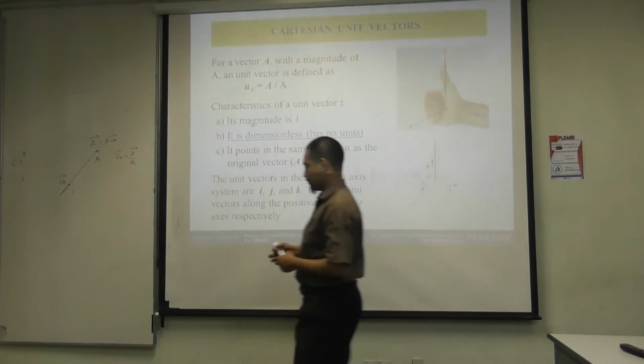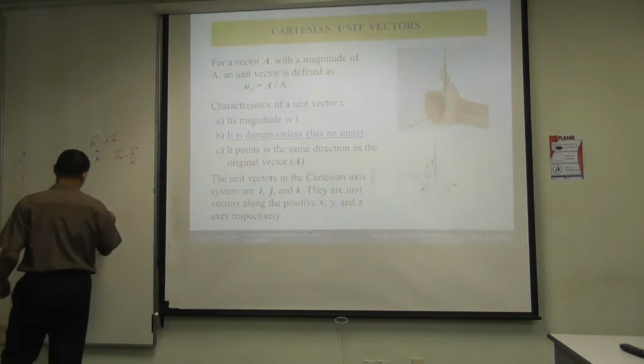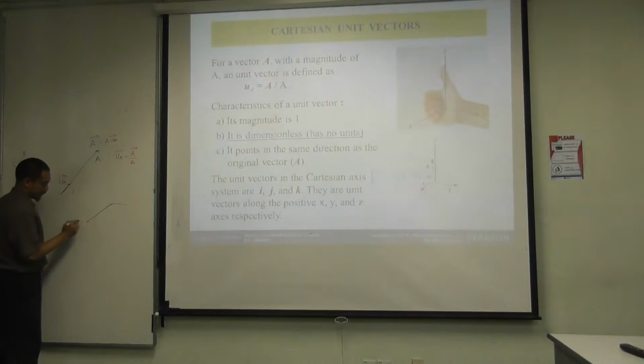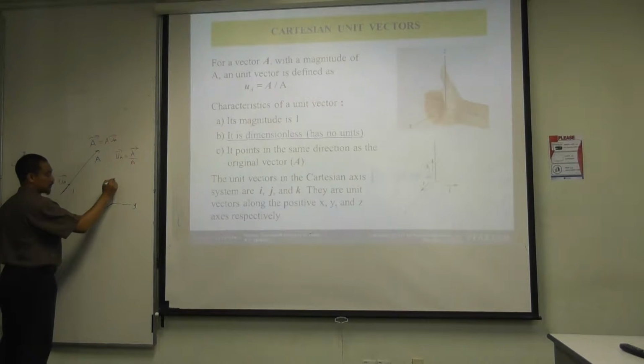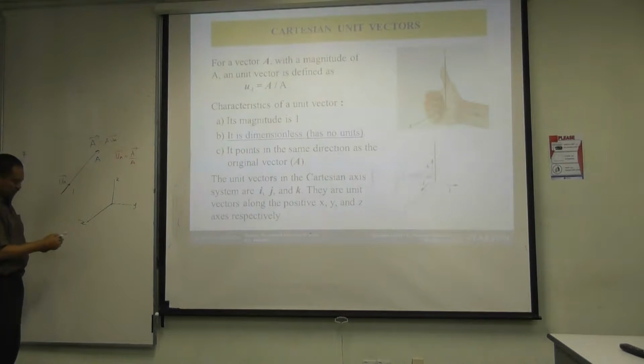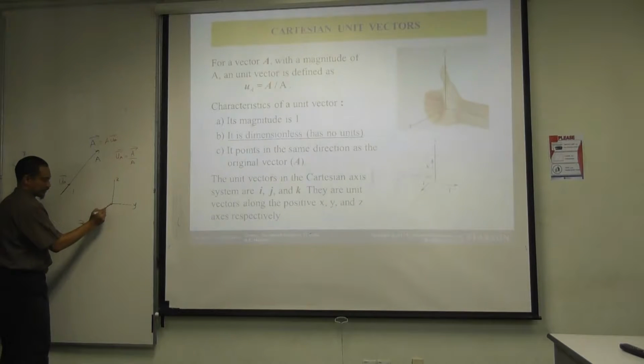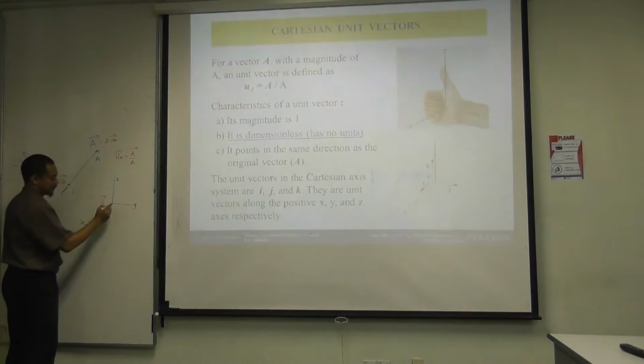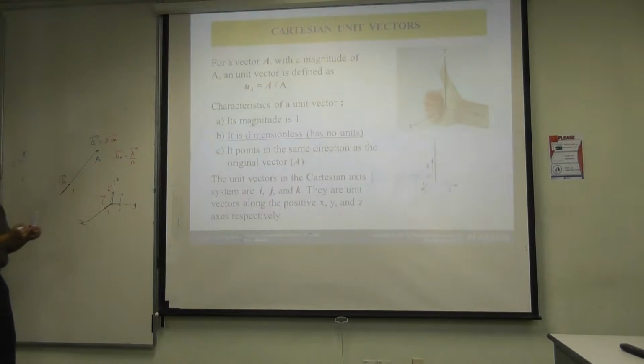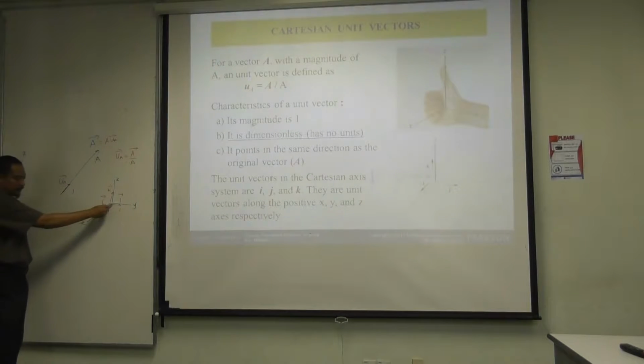And considering that we have x, y, z axes, if we have a vector in this direction with magnitude 1, the vector will be i. If we have 1 here, then the vector will be j, and 1 here, the vector will be k. So that's why when we have a vector in this direction with magnitude of 3, it becomes 3i because you multiply with it.